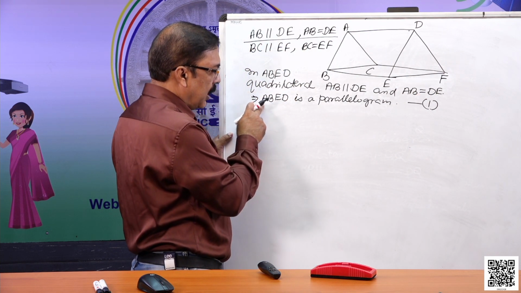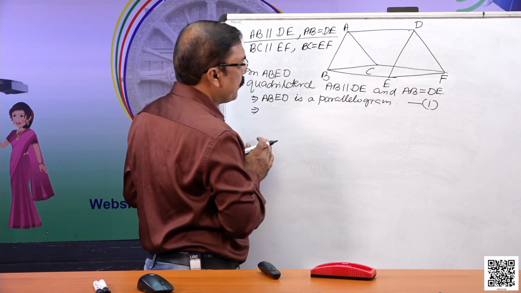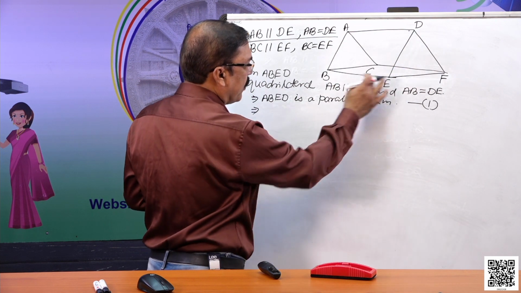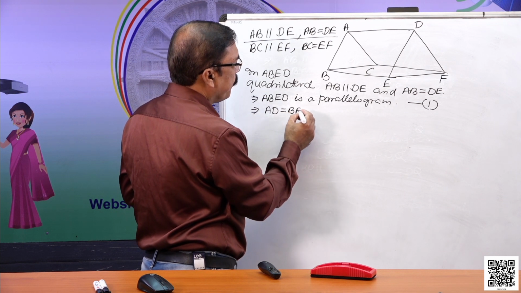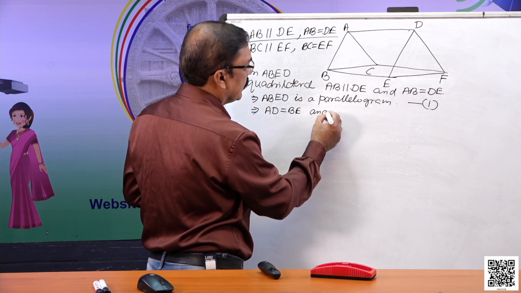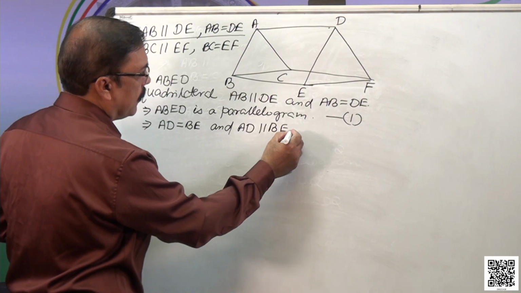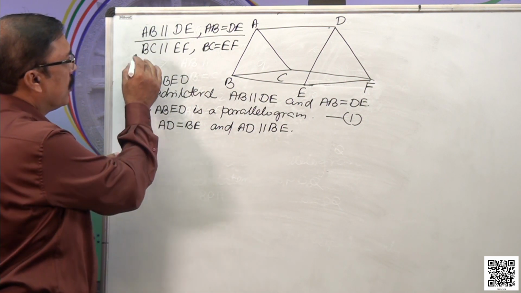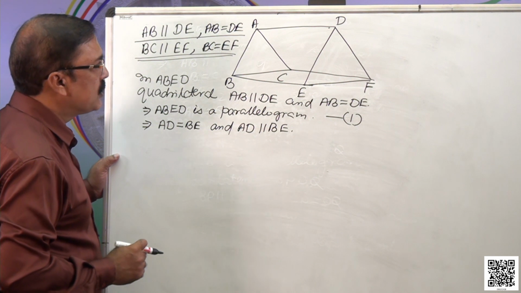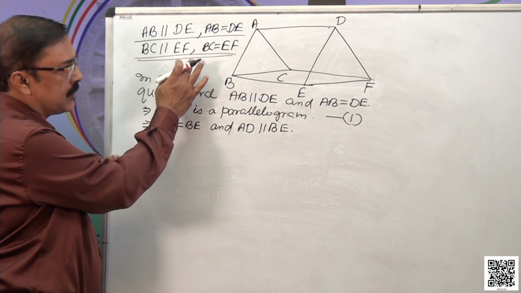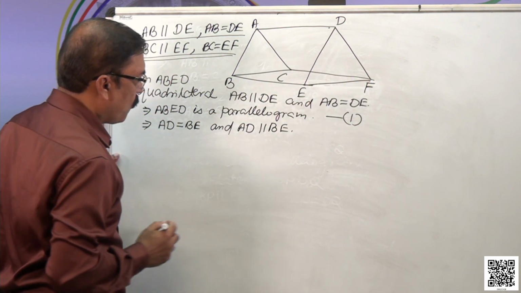Now you see, if ABED is a parallelogram, which are the other opposite sides? The other opposite sides are AD and BE. So we can say AD is equal to BE and AD is parallel to BE. Now again consider this one, BC is parallel to EF and BC is equal to EF. From this, BC and EF constitute quadrilateral BCFE.